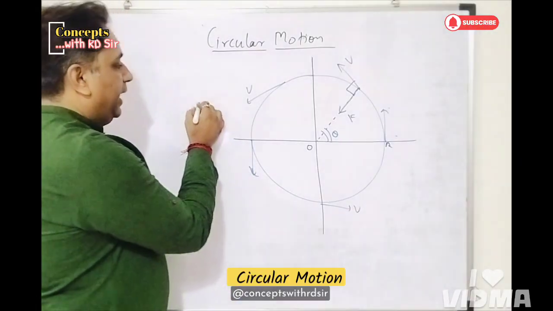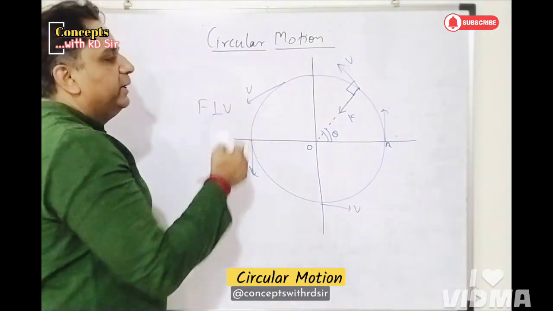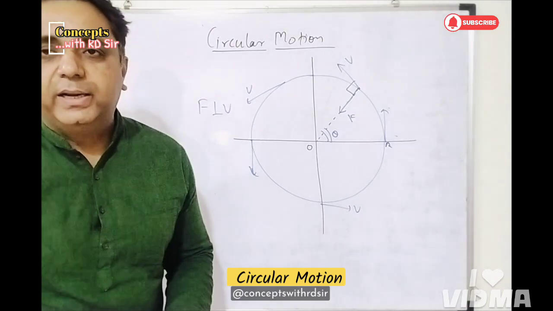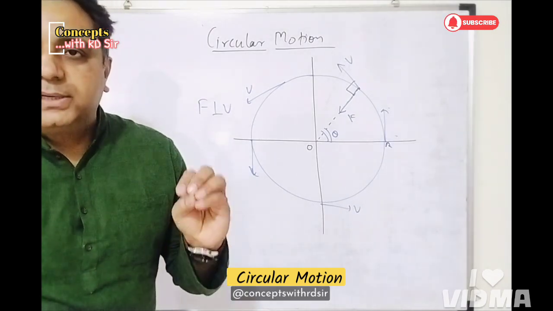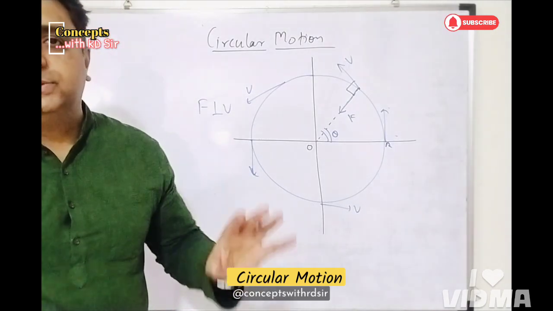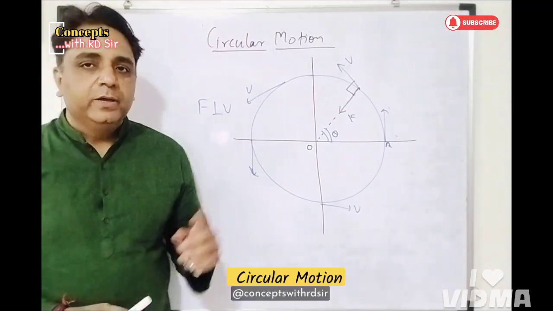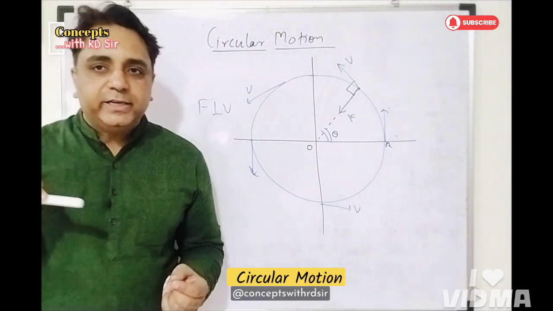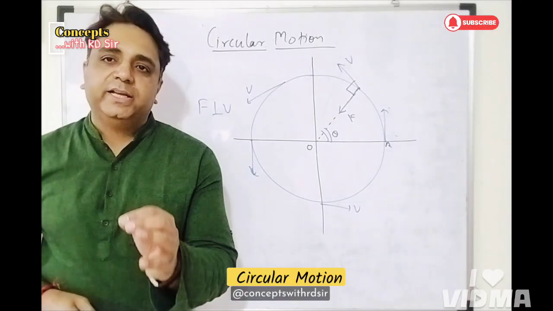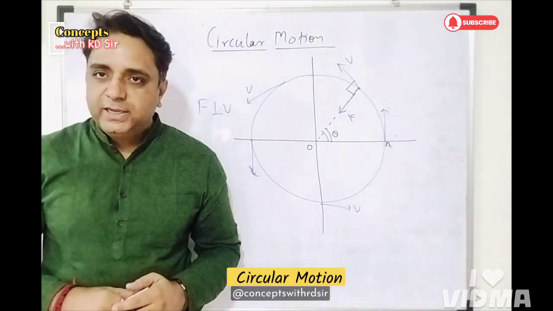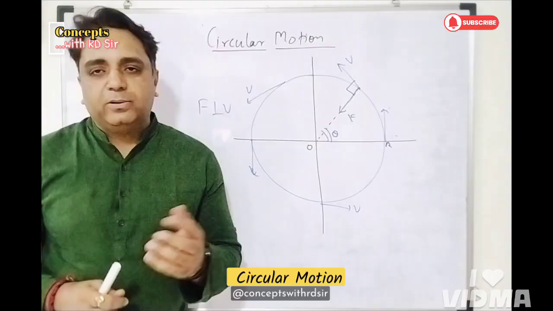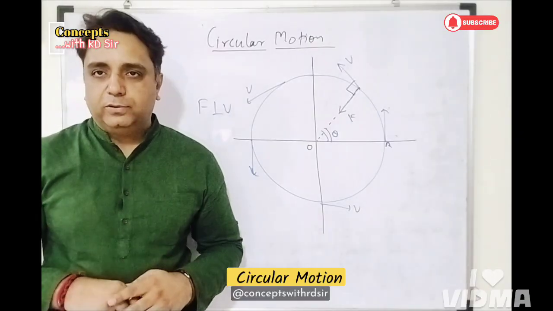If force and velocity are not perpendicular to each other, then the particle cannot complete the circular motion. This is the necessary condition for circular motion. And this force is directed towards the center, which is why its name is centripetal force, and it is along the radius, so we can also call it the radial force.